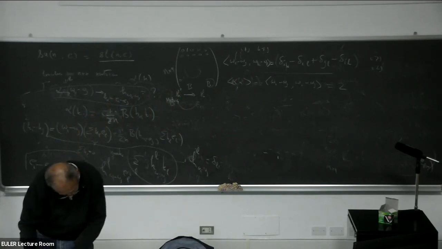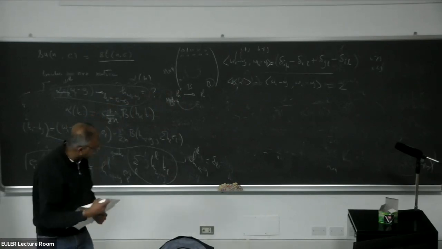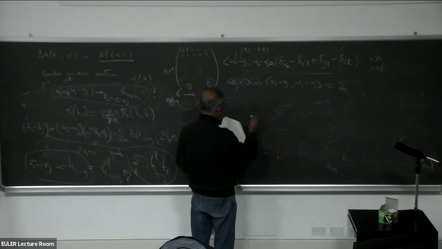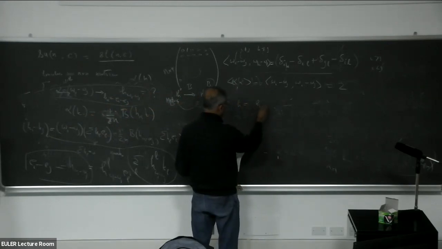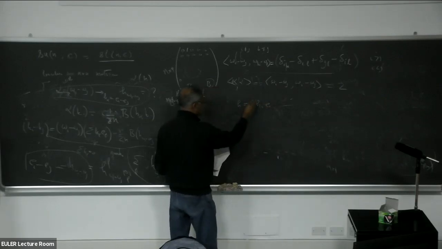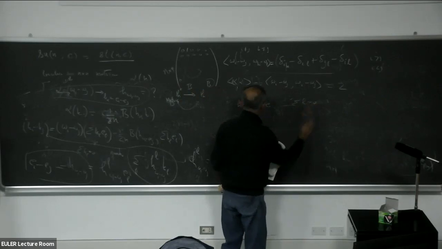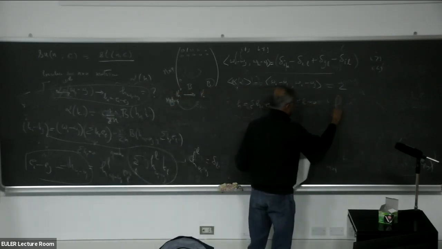So choose the Cartan element. The general Cartan element is sum h_i E_i, with the trace being equal to 0, sum h_i equal to 0. This is the general Cartan element.